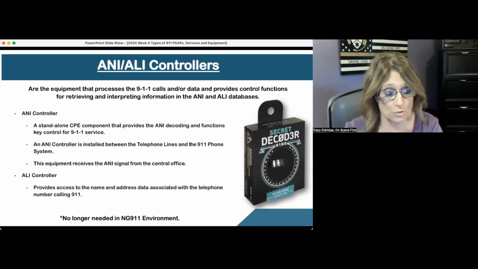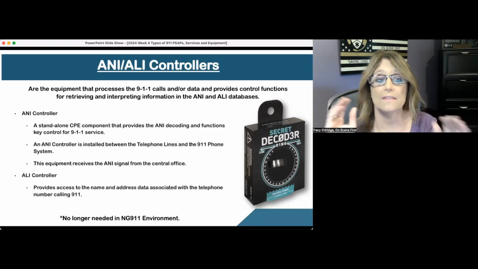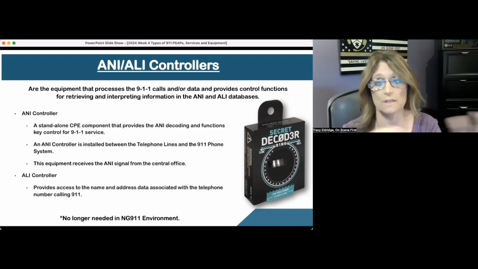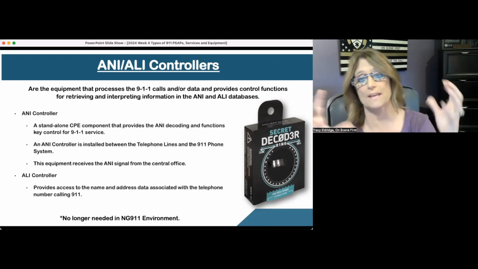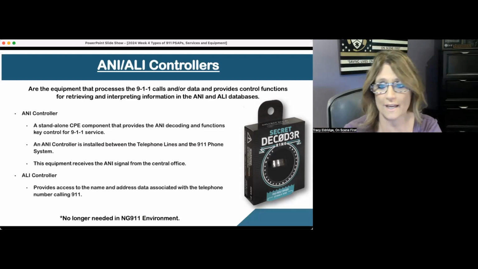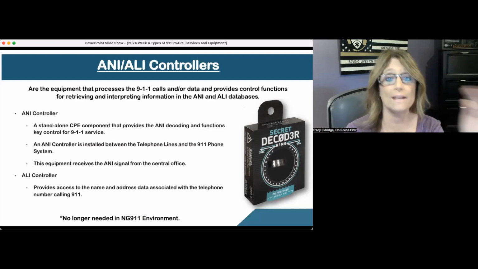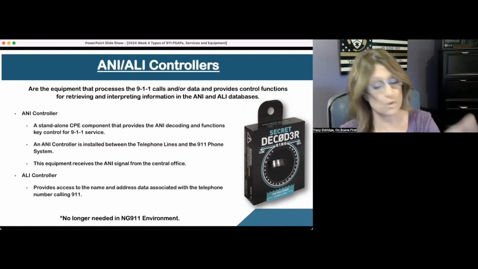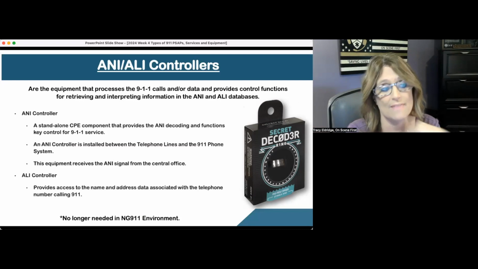The Allie controller provides access to the name, address, and address data associated with the telephone number that's calling 911. So again, in that Annie situation, the phone number hits the PSAP, it gets wrapped up in this data packet. It is sent through an Annie controller out into the databases where it can now be translated into an ESN number and then bring back that data information.